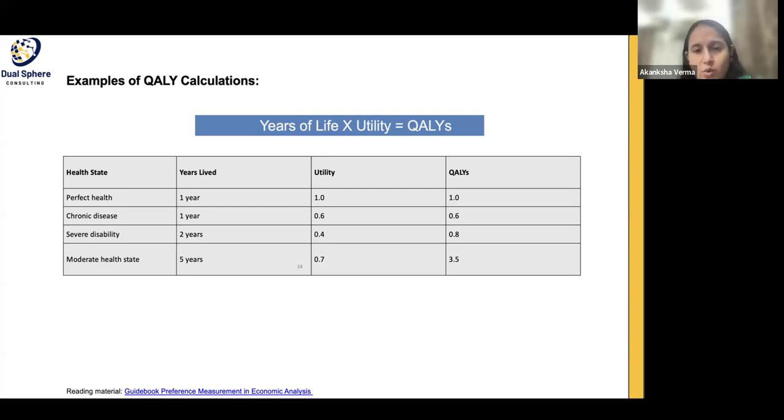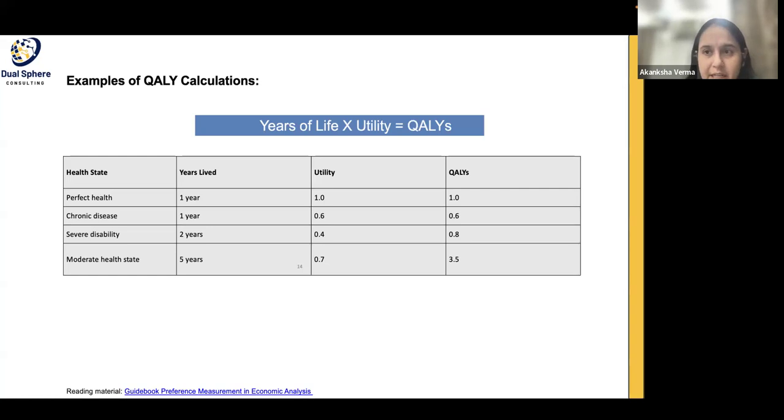So the patient has 1 QALY. If the person is living for 1 year with a chronic disease, and the utility value given here is 0.6, you multiply these two and the total QALY would be 0.6, right?